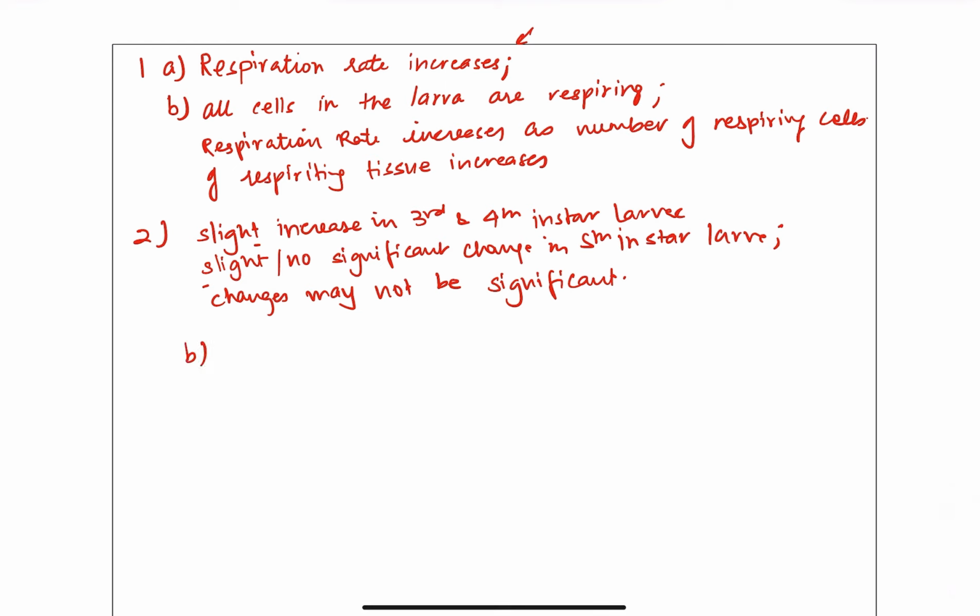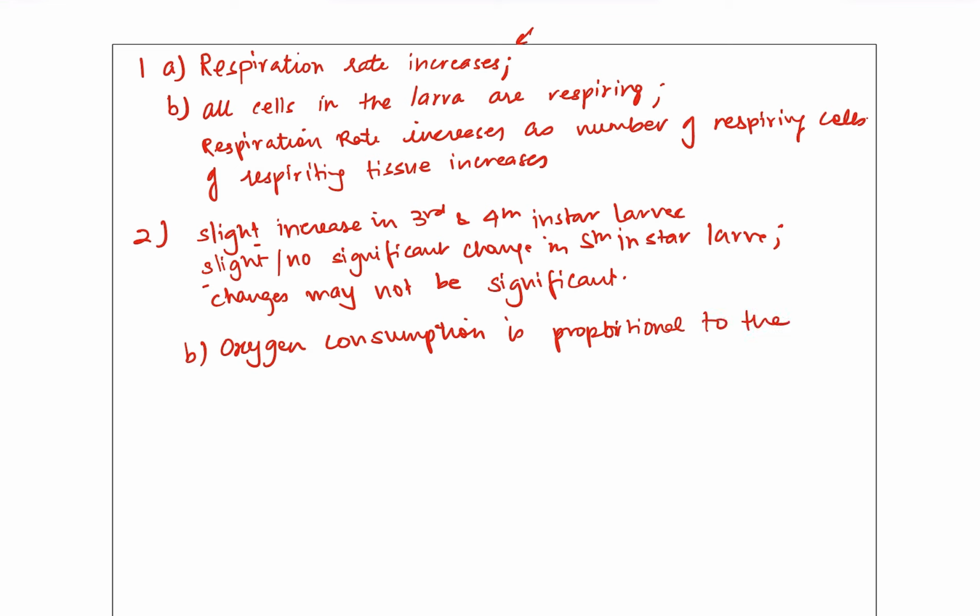As the oxygen consumption is proportional to the respiring tissue, mainly when it is below critical weight, you can see the increase is happening.